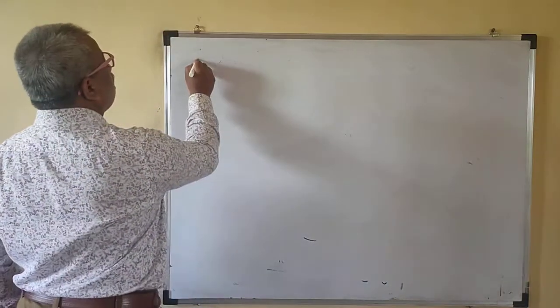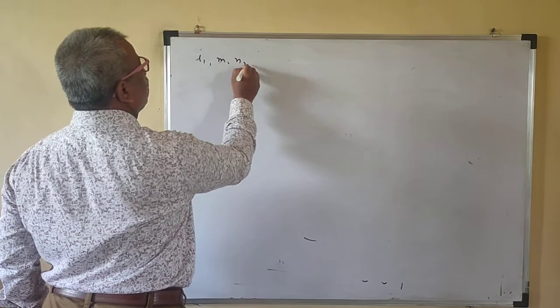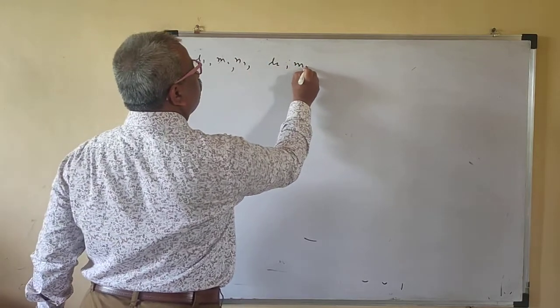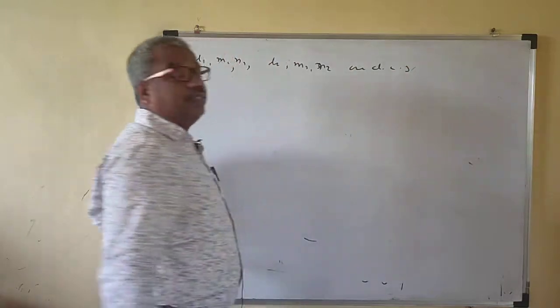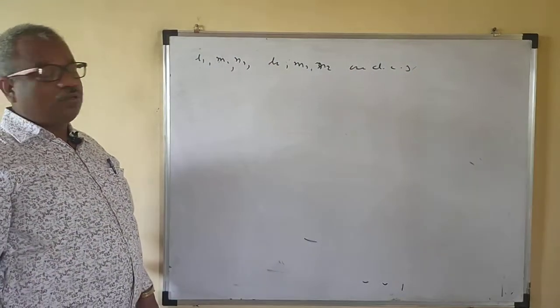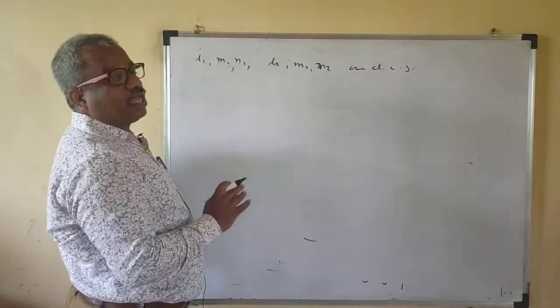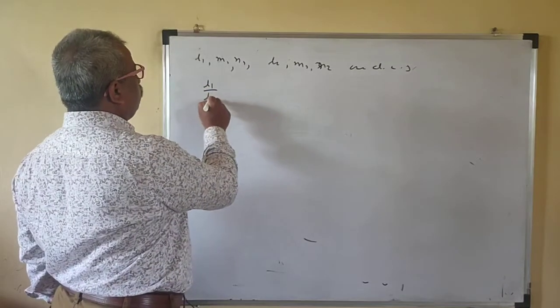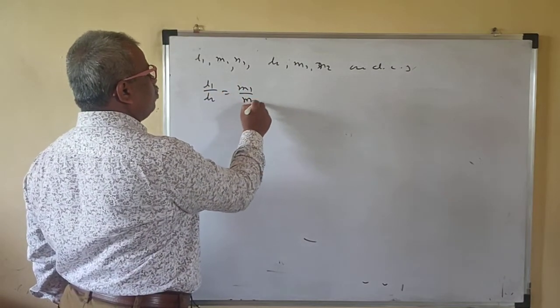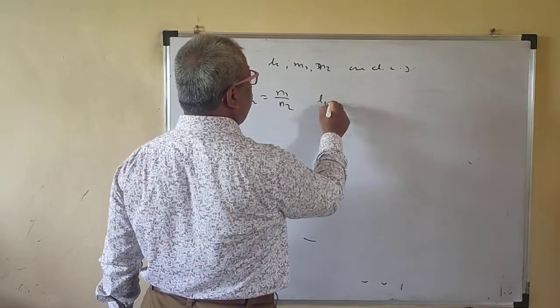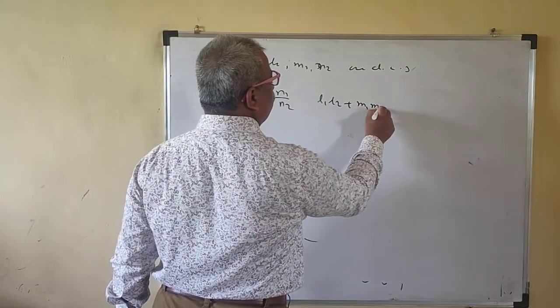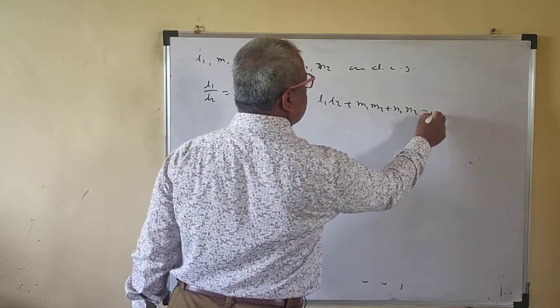Suppose L1, M1, N1 and L2, M2, N2 are the DCS of two lines. These two lines are parallel if L1 upon L2 is the same as M1 upon M2 is the same as N1 upon N2, and perpendicular if L1 L2 plus M1 M2 plus N1 N2 is equal to 0.